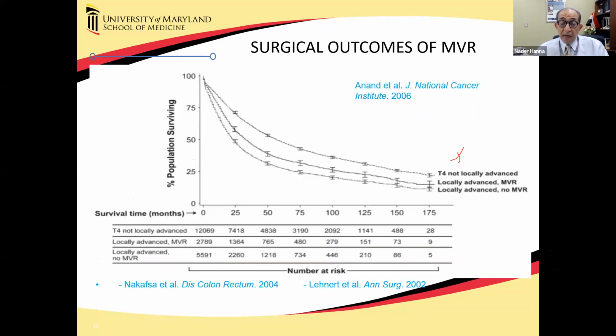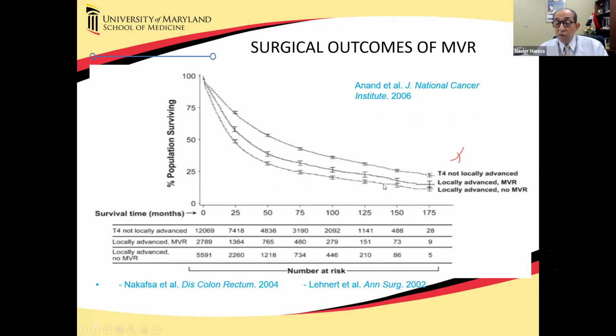So this is following up patients. If you look at this curve, the top curve right here is our T4 not locally advanced, meaning did not require multivisceral resection. The second line here on the graph is locally advanced that required multivisceral resection.